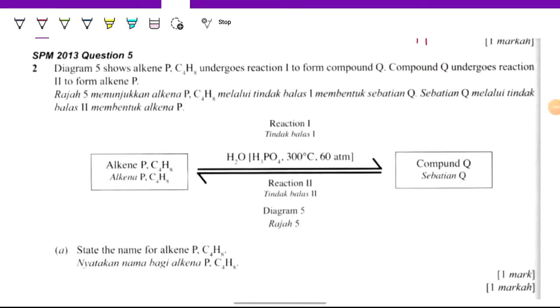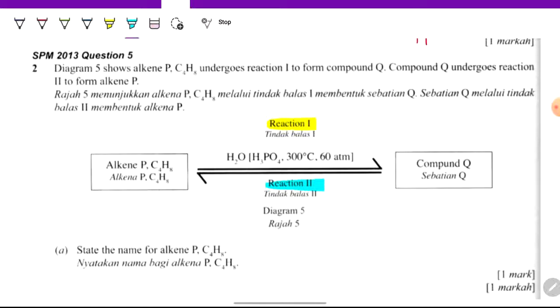Question number 2. Diagram 5 shows the alkene P, which is C4H8, undergoes reaction 1 to form the compound Q. So compound Q undergoes reaction 2 to form the alkene P. So you can see here, there are 2 reactions. Reaction 1 is from the alkene to compound Q. Meanwhile, reaction 2 is from the compound Q to alkene.